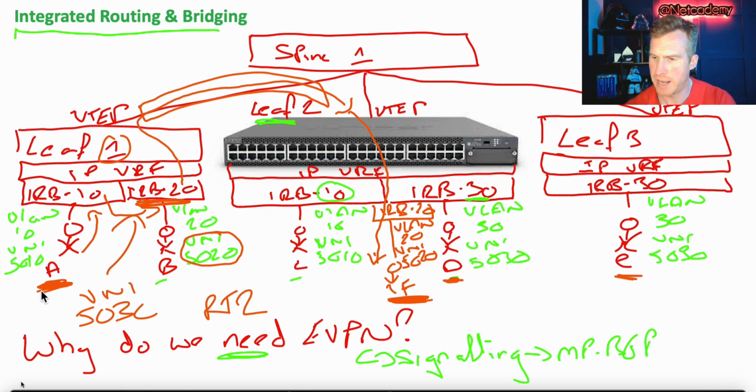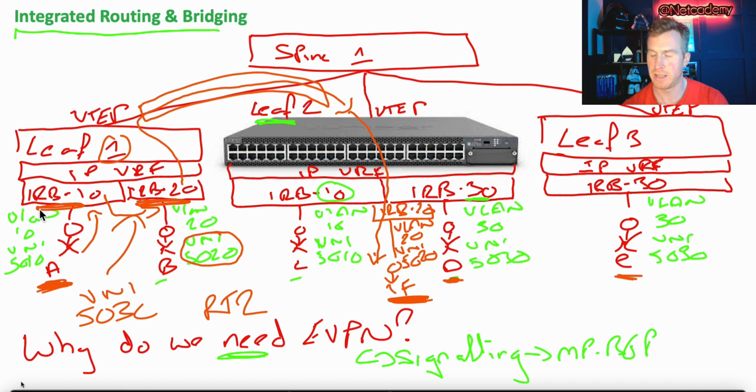And because of that, we are not able to provide that inter-domain routing, that inter-VNI routing to go from IRB.10 over to IRB.30, because there is no IRB.30 on leaf 1. We've got IRB.10 and we've got IRB.20. There's no IRB.30. And that's where the asymmetric routing model starts to fail.